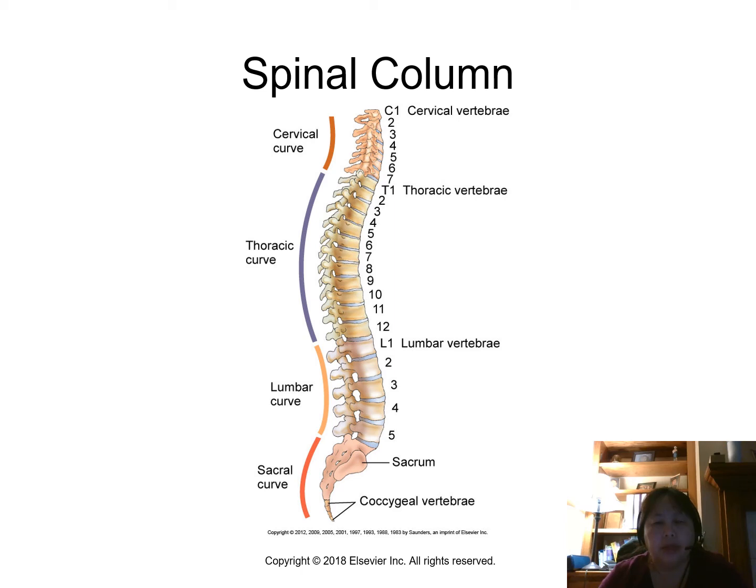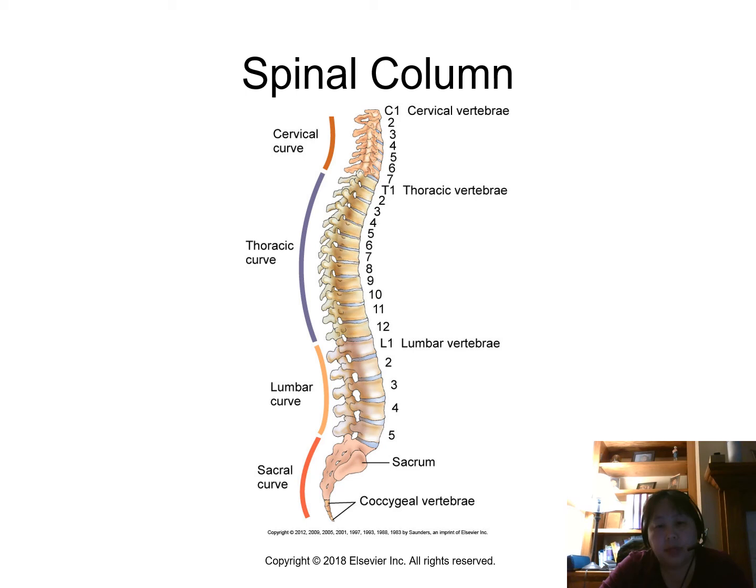And so it is labeled out in each section: cervical, thoracic, lumbar, sacrum, and coccygeal vertebrae, so that if you do have an injury on a specific area, or let's say you have pinching of the nerve, then the doctor tells you it's thoracic vertebra, T8, then you know that that's the thoracic area.